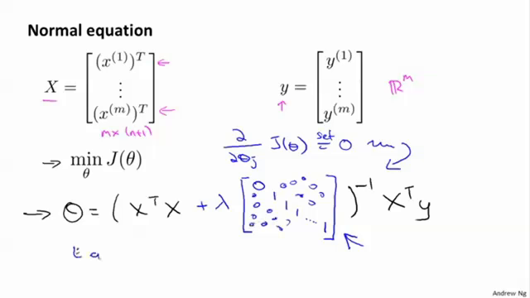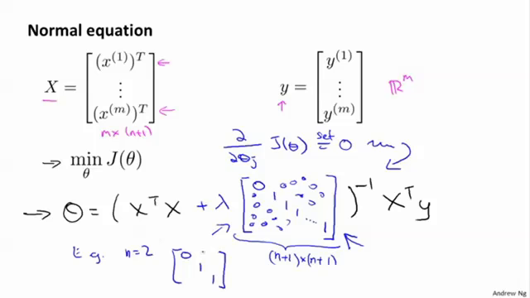As a concrete example, if n equals 2, then this matrix is going to be a 3 by 3 matrix. More generally, this matrix is an n plus 1 by n plus 1 dimensional matrix. So if n equals 2, it would be 0, and then 1's on the diagonal, and then 0's on the off-diagonals.